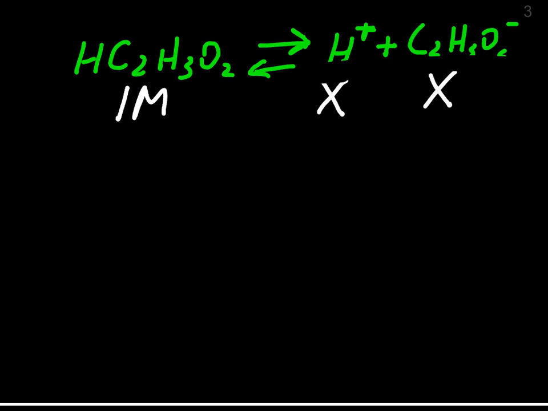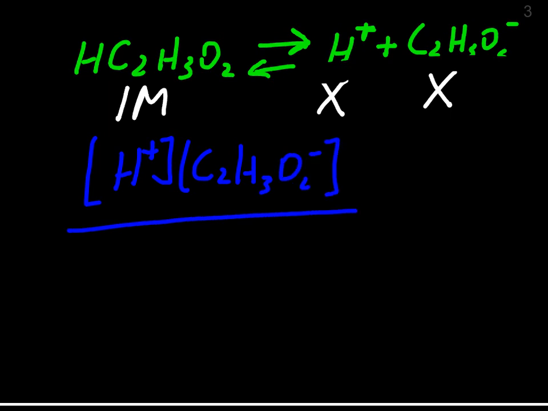Since it's in equilibrium, I can write a mass action expression. The hydrogen ion concentration times the acetate concentration over the HC2H3O2 original concentration is all going to equal Ka.